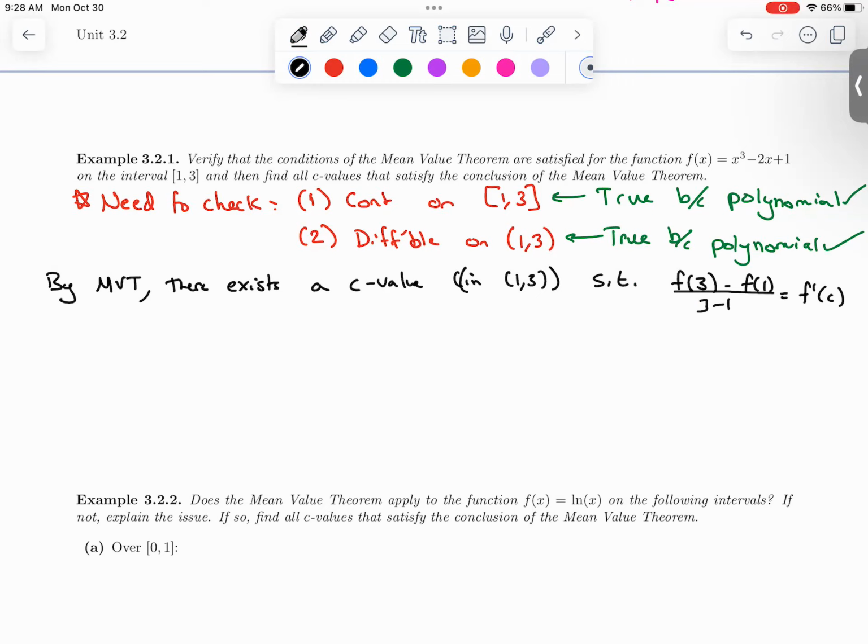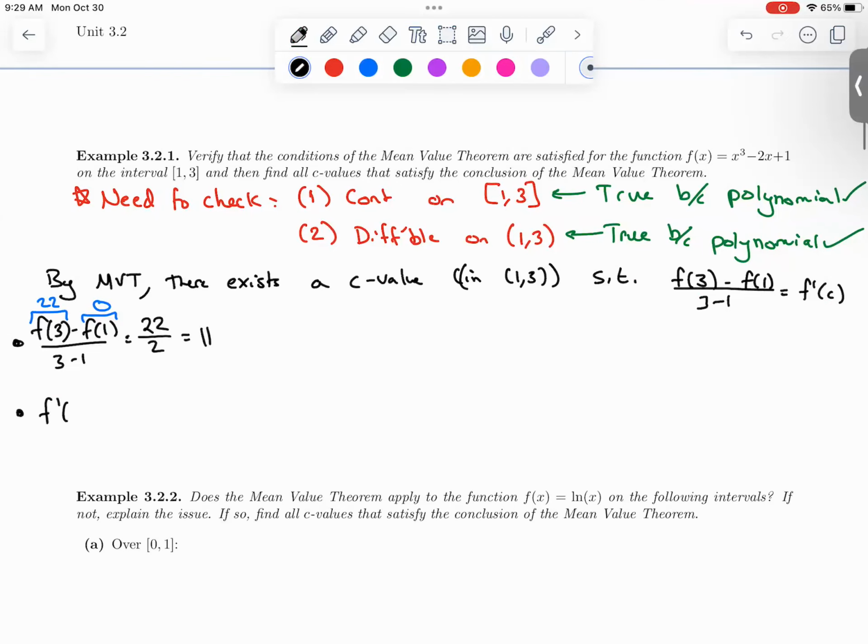Let's calculate both of those things and find out where we find the c value. So f of 3 minus f of 1 divided by 3 minus 1. Well, just in the interest of time, f of 3 is 22. f of 1 is 0. So this is 22 over 2, which is 11. f prime of x is equal to 3x squared minus 2.